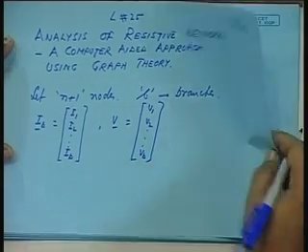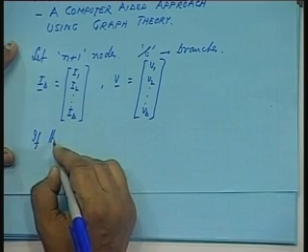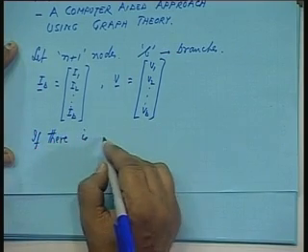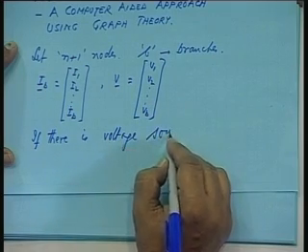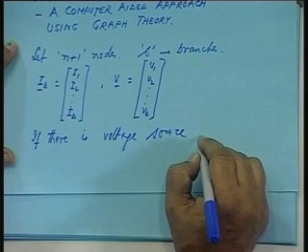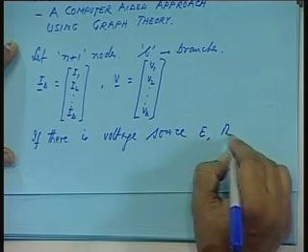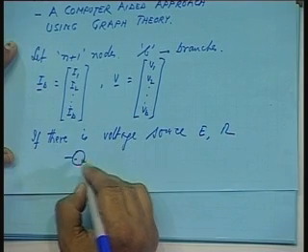If there is a voltage source with a resistance R, then we can show each element like this.